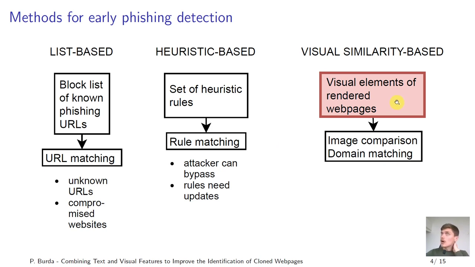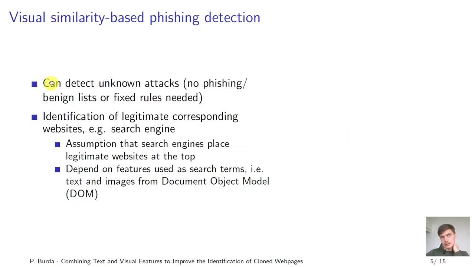That consists of using the visual parts of the web page in order to compare, for example, with the visual elements or the domain of the legitimate pages, in order to understand if that page, which is unknown again, tries to imitate somebody else. And in this respect, this method can detect unknown attacks because there are no block or allow lists, and no fixed rules in that sense.